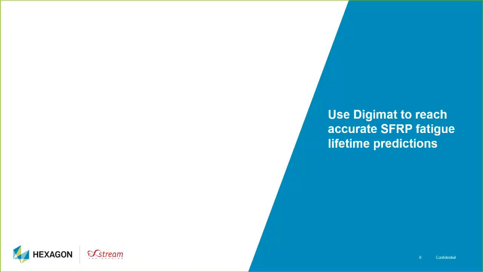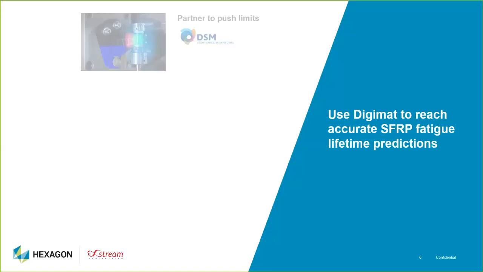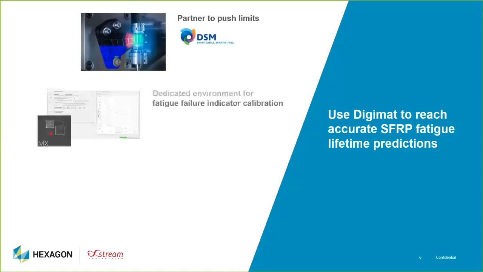I would say this presentation will be articulated around three main aspects. The first one is the collaboration that we had with DSM, presented by Lucien. After that, he will present the work and results he reached and the outcome of this work. I will show you how you can use Digimat-MX in order to calibrate similar material cards in order to predict short fiber reinforced plastic lifetime.